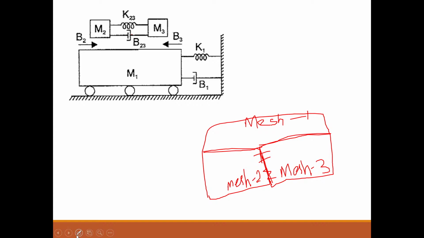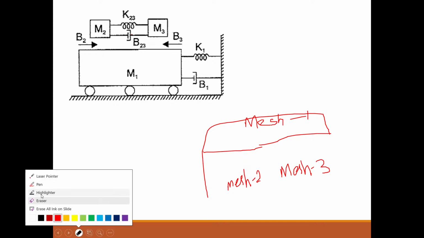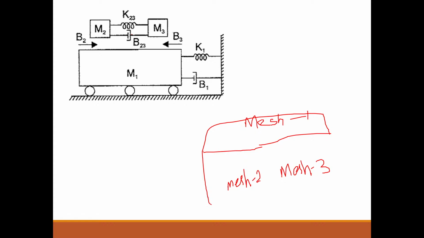So what I will do is I will just erase the middle branch and redraw this. In the middle, common between mass 2 and mass 3, what is there?